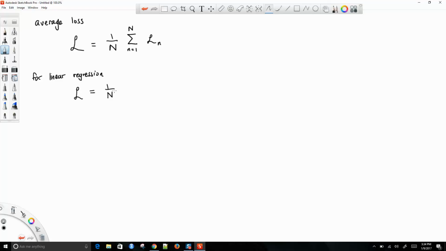So we're going to have 1 over n, the sum of n equal 1 to big N, and our L sub n is the function of our data values, t sub n, and our model, f of x sub n given w0 and w1.